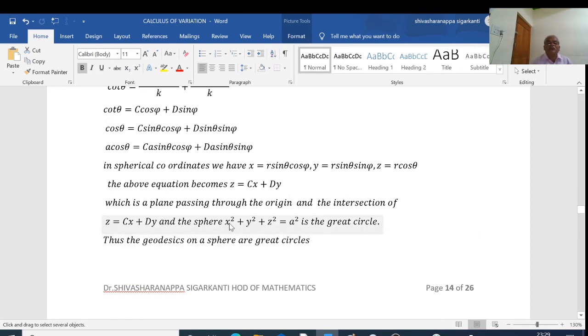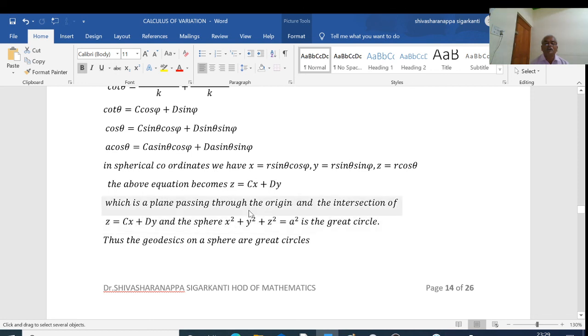See here, the sphere is this one, its center is the origin, and this is the plane passing through the origin. What this implies is that the points of intersection of the plane and the sphere are nothing but the points on the great circle.